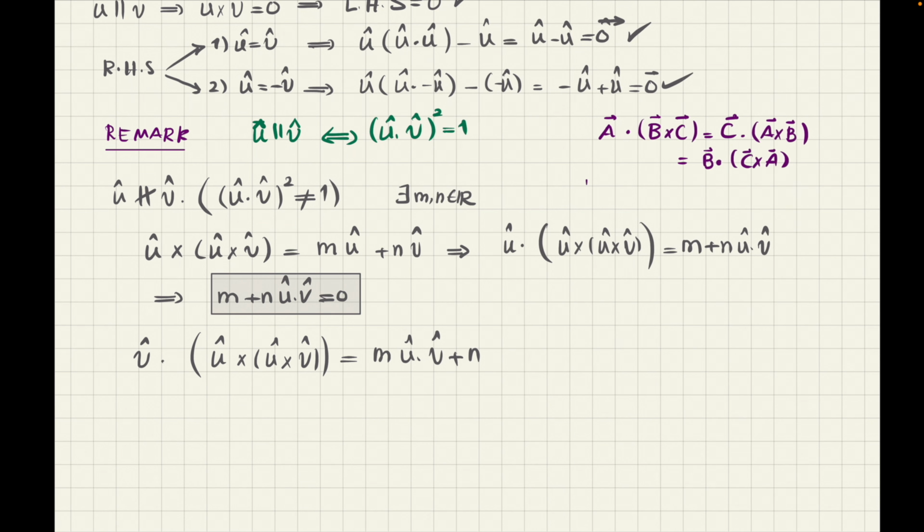The proof of this is independent of the proof of the BAC-CAB theorem. If you have studied this before, you will see that the absolute value of this number is equal to the volume of the parallelepiped constructed on these three vectors as the edges passing through one vertex.